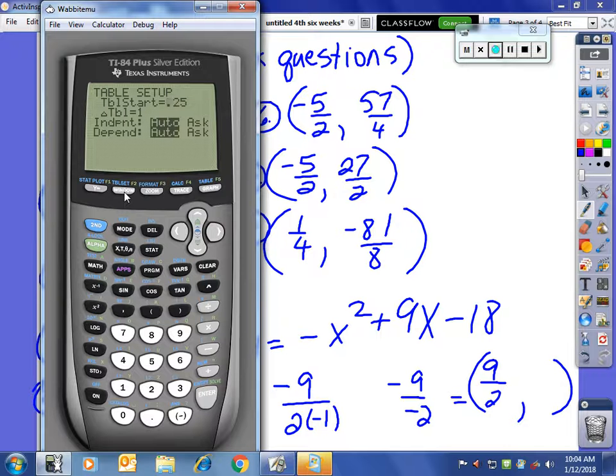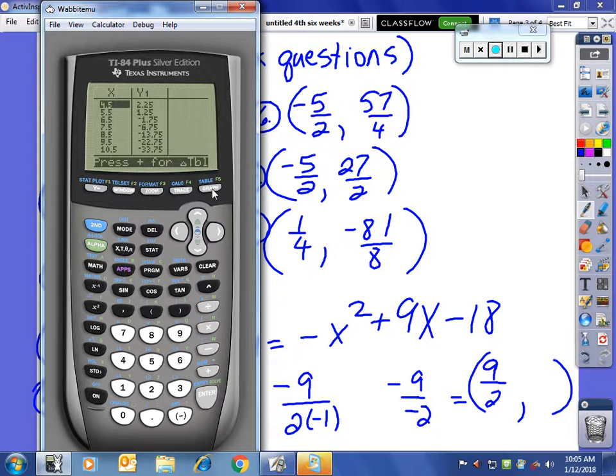Table set. I'm going to tell my table to start at 9 over 2. They're 10 points each. Okay, and then my y value showing is 2.25. But I wanted you to give me all fraction answers, so then I'm going to go back to my regular screen and punch in 2.25. Math. It's already on fraction. Enter, enter. 9/4.